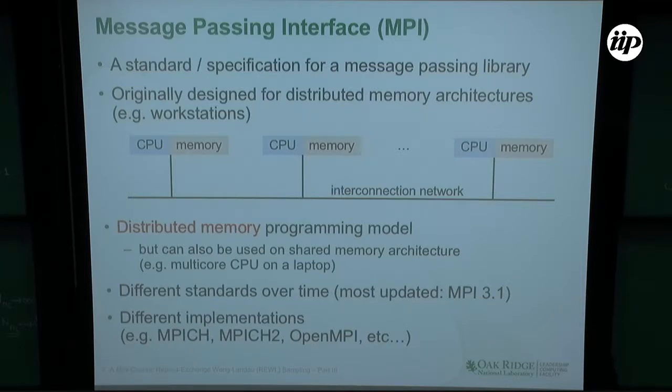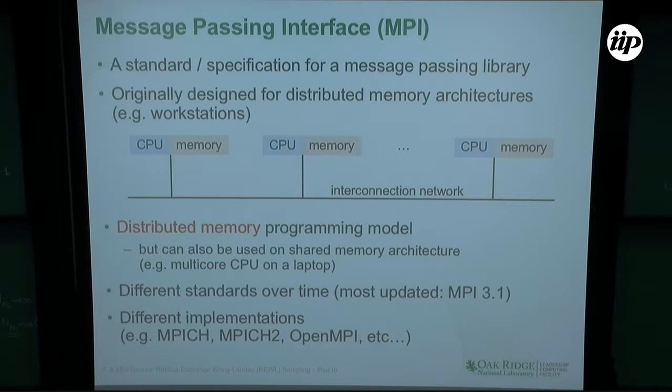Okay, MPI. So what is this? Many people took this as a library, and actually it is not a library. It is actually a specification of a set of rules for how parallel programming, and especially message passing, message exchanges between the CPUs, should be done.